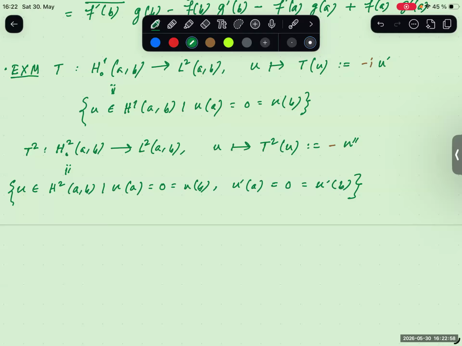But the issue is that for Fourier transform, we need the isomorphism, and usually L2 is not the isomorphism. For Schwartz space, we had this isomorphism, and Schwartz space is not a Hilbert space. So that's why this description is very nice, but not very useful in this context. So we define on the level of Hilbert space directly what the first and second derivative are.